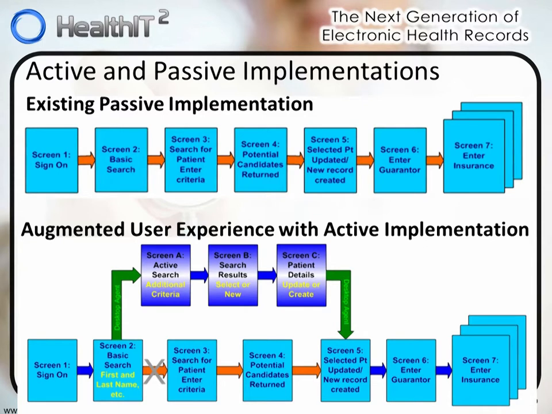Now, active implementation basically eliminates that step by altering the workflow and essentially empowering our users of these legacy systems to have more information and a more interactive workflow than what is commonly there.